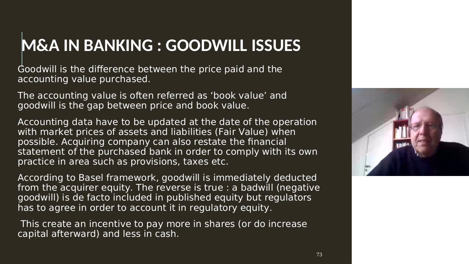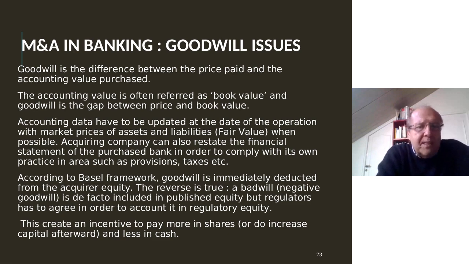So there is something which is very specific to banks. We discussed that twice already, but I believe it's very important for your understanding of the M&A case. Goodwill is the difference between the price paid and the accounted value purchased. So you purchase for 120, the value is 100, you have 20 of goodwill.